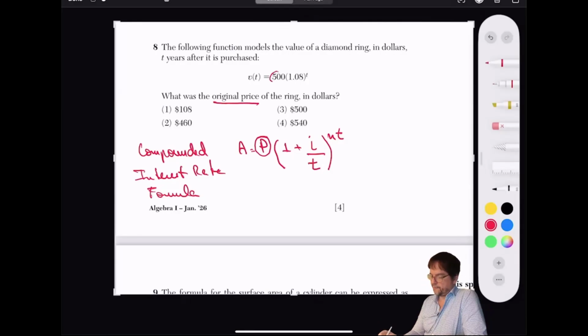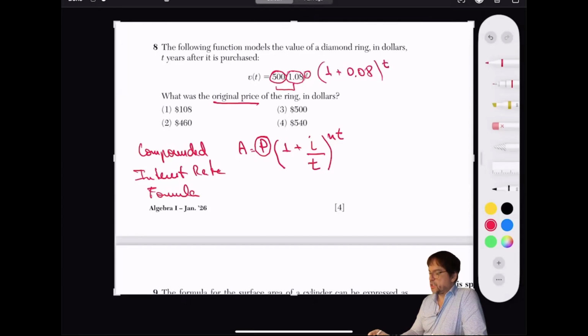That is 500. 500, after t years you multiply, okay, you raise to the power of t 1.08. So it is 1 plus 0.08.